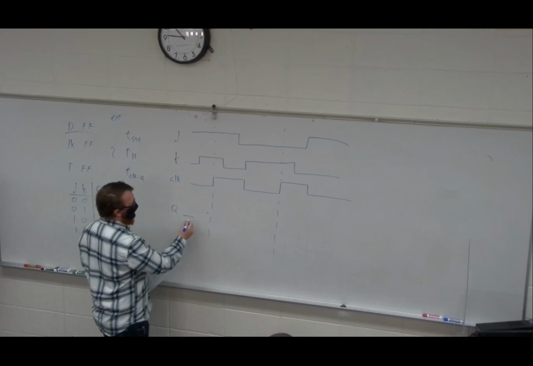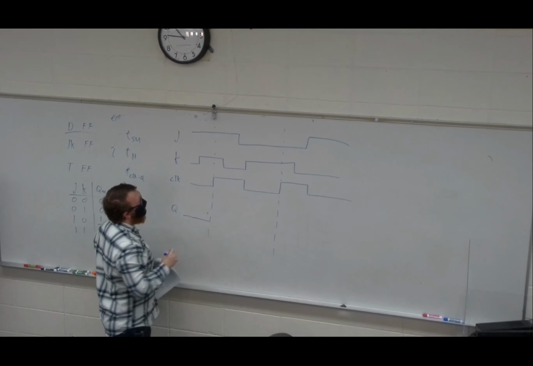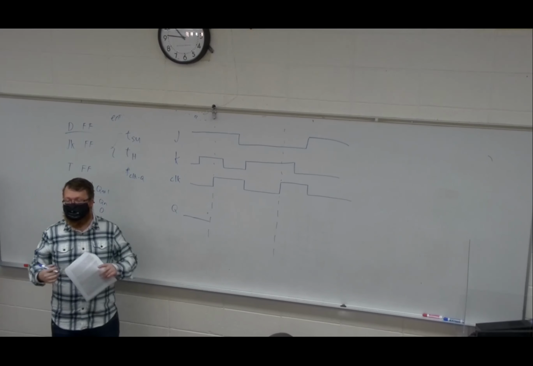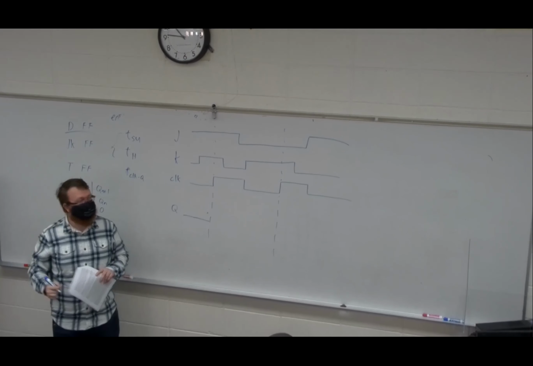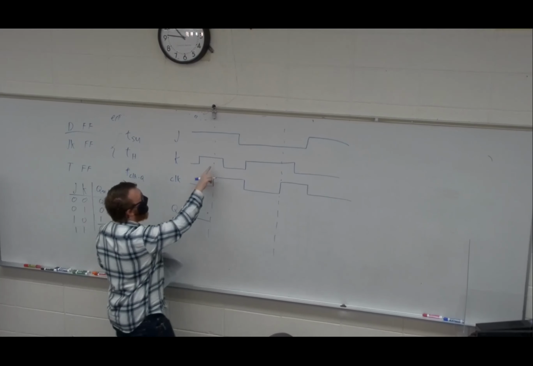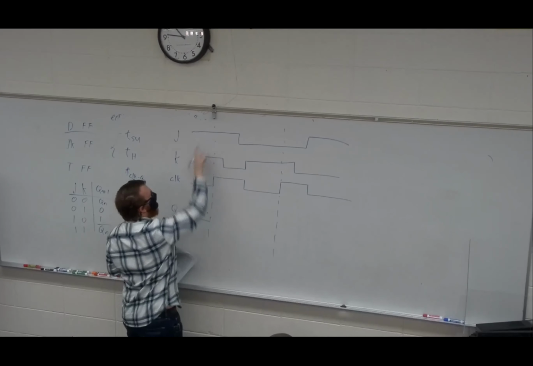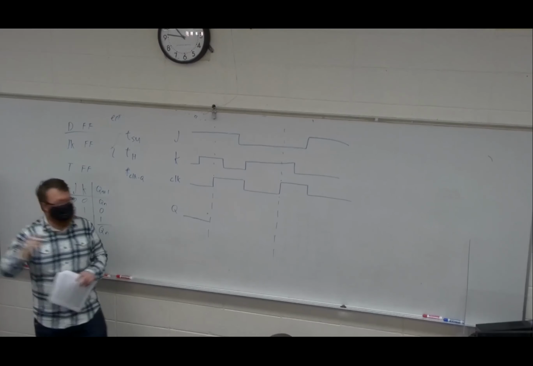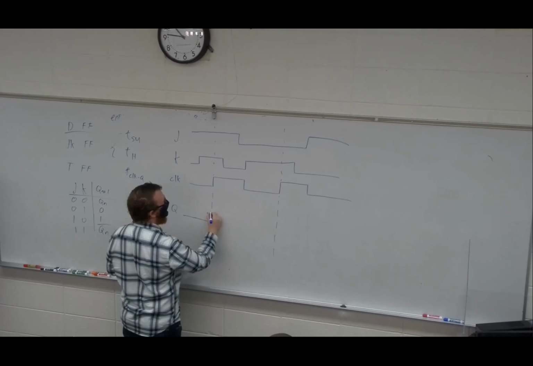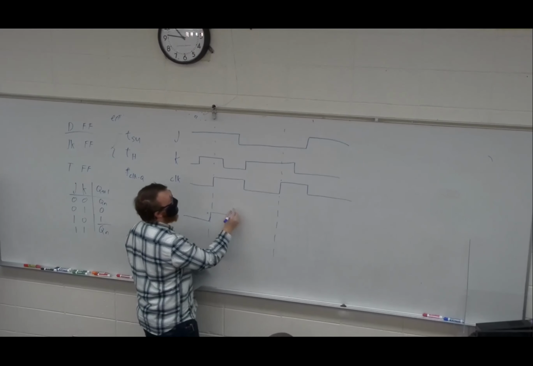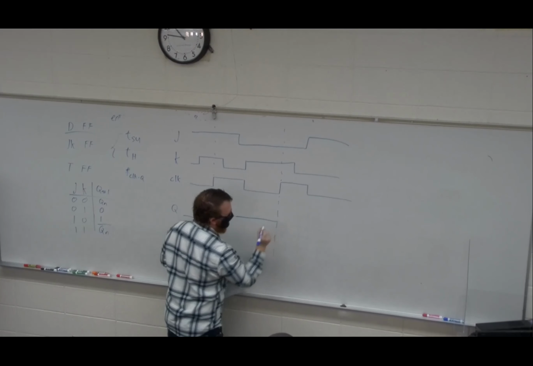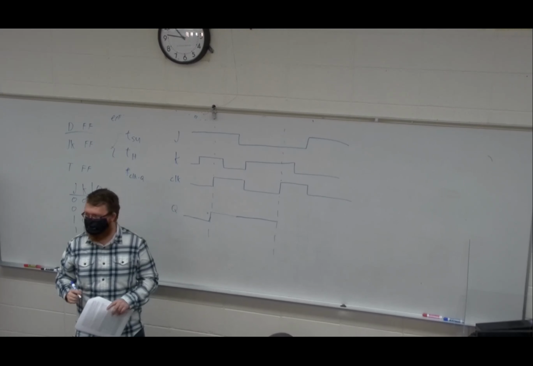So at our important points, we come along and we're going to evaluate what are J and K right now. Well, K is 1, J is 1, so what does Q do? Yes, not Q, it flips to 1. And it stays 1 regardless of what J and K are doing all the way until the next point of interest.